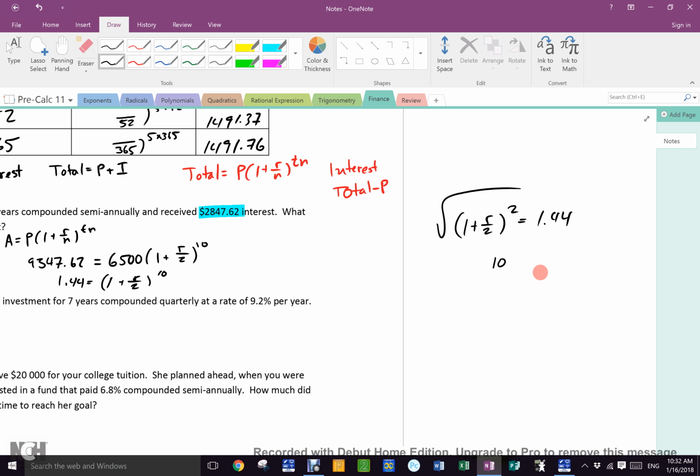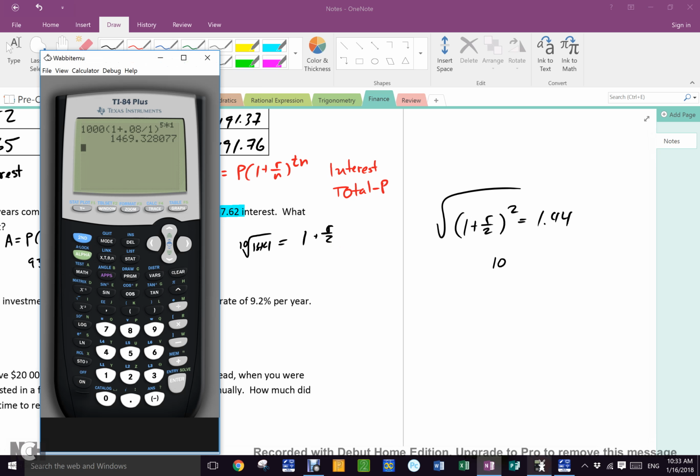So you've got to use your calculator to solve this. If you don't know how to do extra roots on your calculator, it's something we got to learn, yeah? But you all know how to find a cube root. It's the same thing. Instead of 3 root, we're looking for the 10th root. So all you got to do is do the 10th root of 1.44, which will equal 1 plus r over 2. So you got to figure that out on your calculator.